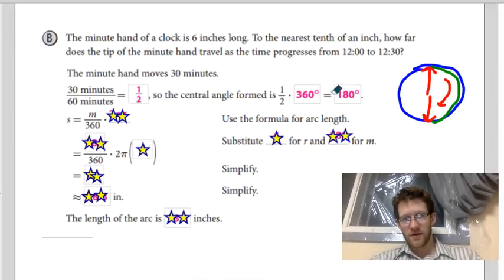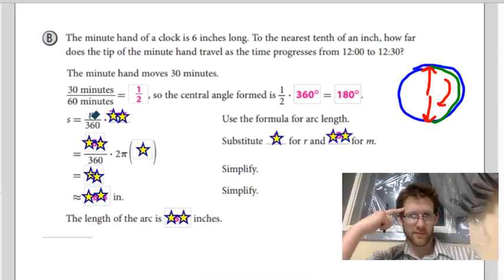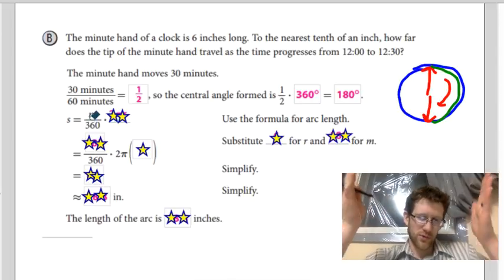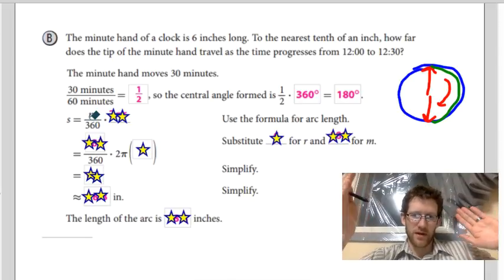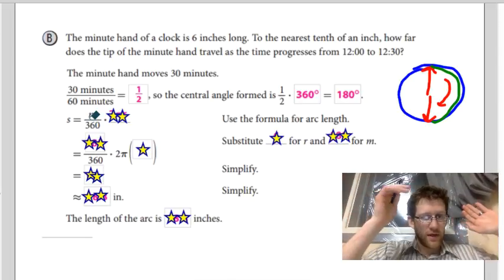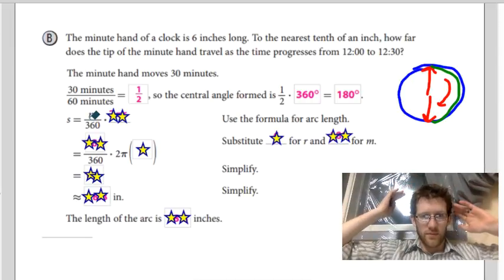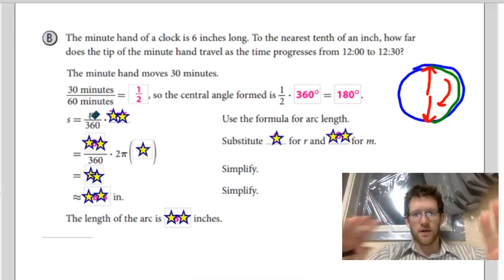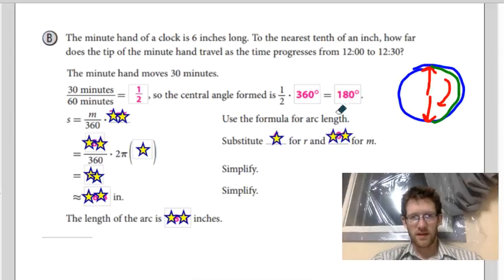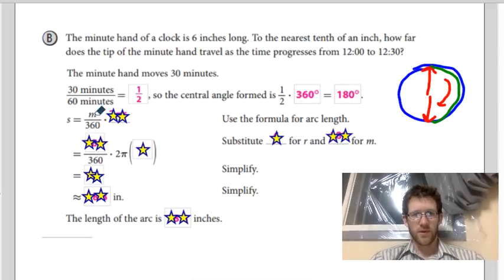Now we need to plug the 180 back in. It's a little weird here because we just want to use the formula. So the formula requires degrees. If you want to use something else, do your own formula, just go intuitively. That's totally okay. That's cool. But in order to use the formula, we need the number of degrees. So we're going to plug the number of degrees into the formula, which gives us 180 over 360.